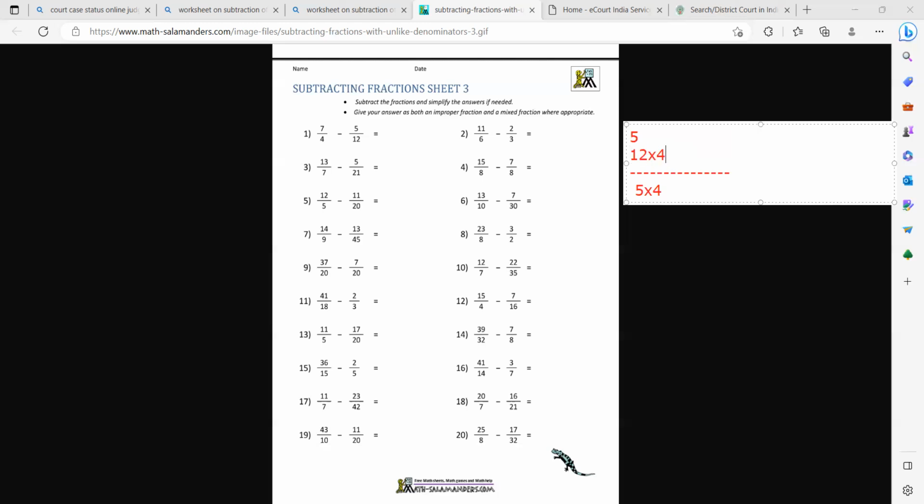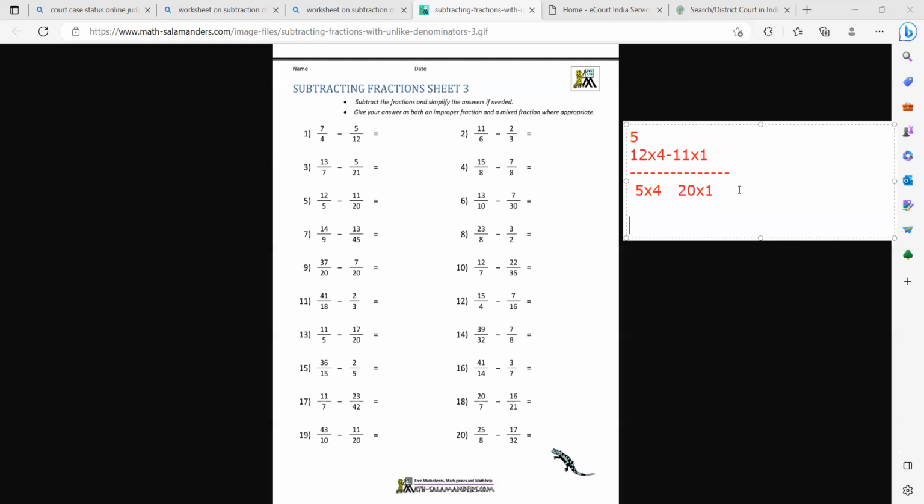Then we have minus 11 into 1. Then again 20 into 1. That is equal to 12 into 4 is 48 minus 11 divided by 20.